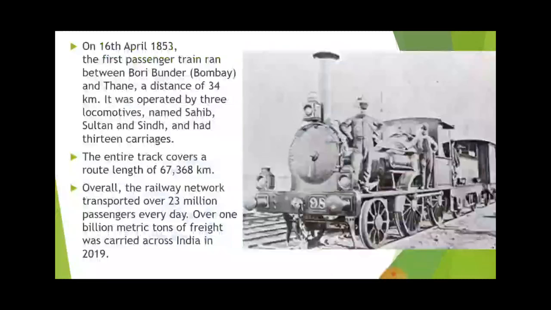The first railway in India was laid, the train was started on 16th April 1853. This was the first passenger train. It ran from Bori Bunder in Bombay to Thane, a distance of about 34 km. It was operated by three locomotives, three engines named Sahib, Sultan and Sindh.